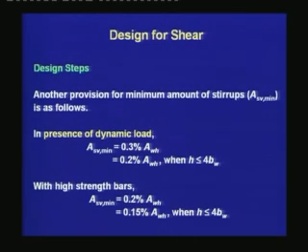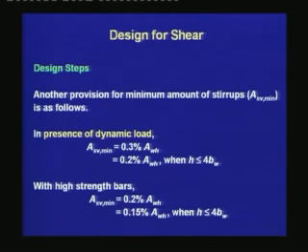Another provision for minimum amount of stirrups, which we shall denote as Asv min, is as follows. In presence of dynamic loads, Asv min is equal to 0.3% of Awh, which is equal to 0.2% of Awh when the total height h is less than or equal to 4 times Bw.